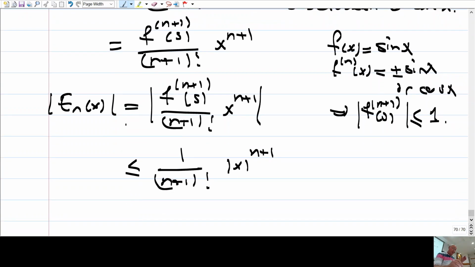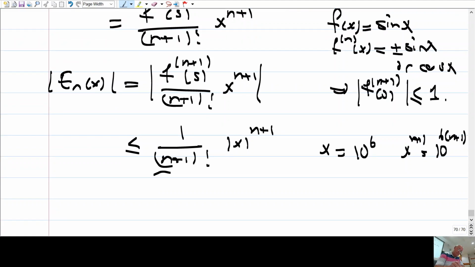But you see, x is a fixed number, right? x could be anything. x could be 1 million, and then this will be 1 million to the power n plus 1, a very big number, but in the denominator you have n plus 1 factorial. Factorial grows much faster than any power.